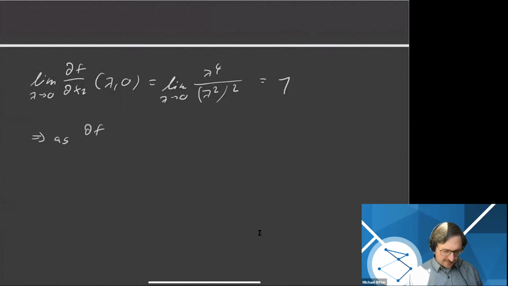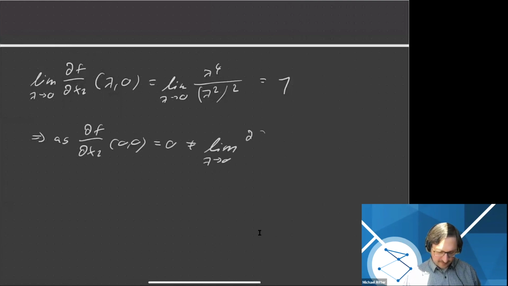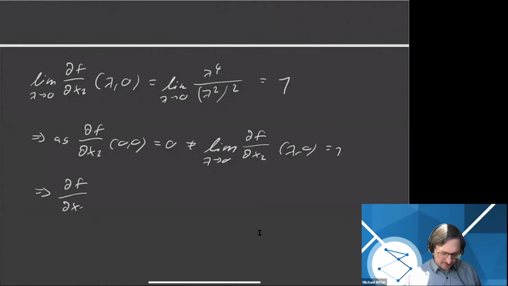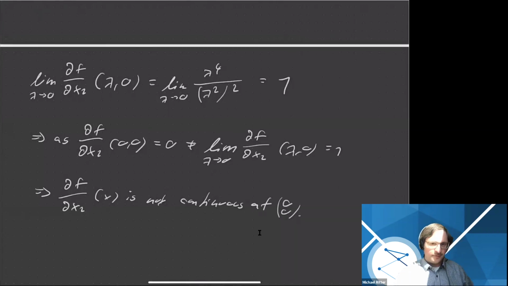As df/dx2 at (0, 0) is 0, which is not equal to this limit here, which is 1, that means df/dx2 is not continuous at the origin (0, 0).